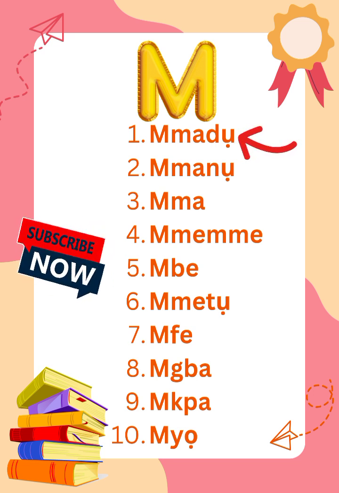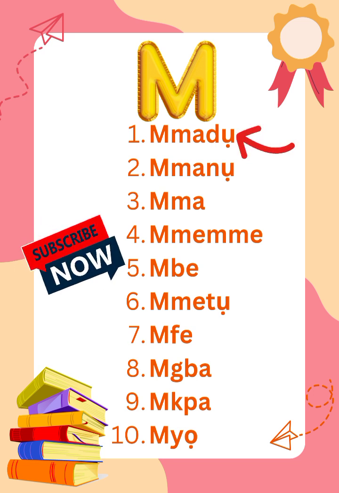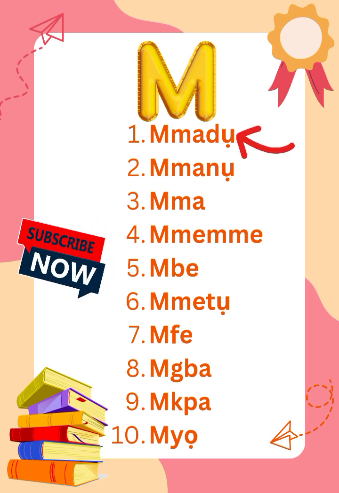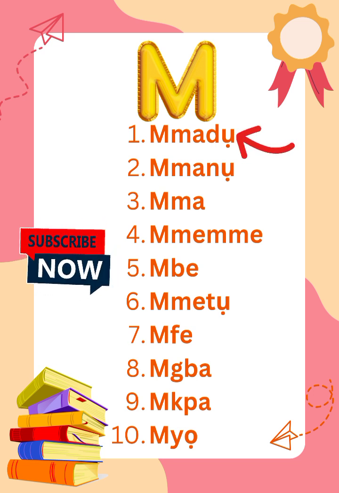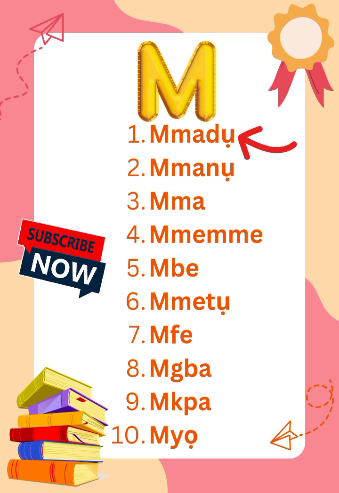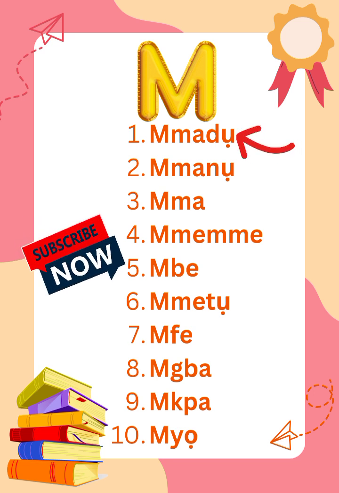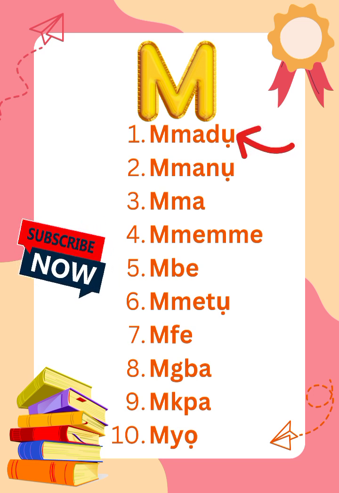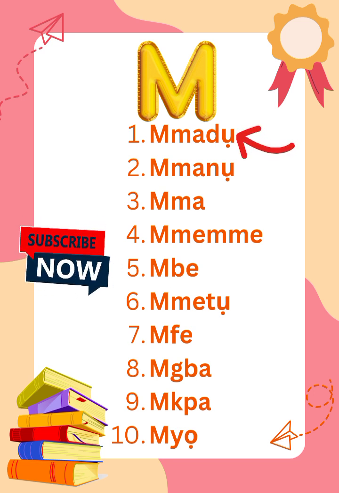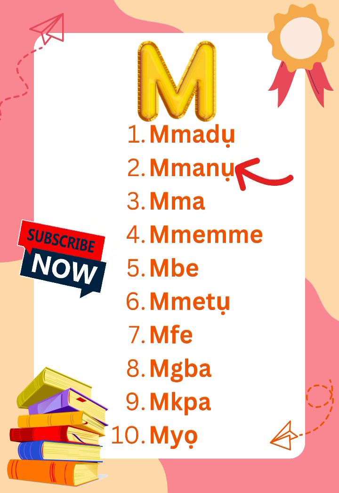But when you're pronouncing it, the first m sounds like that, then we have madu. So it simply means that the first m is functioning as vowel, while the second m is functioning as consonant.